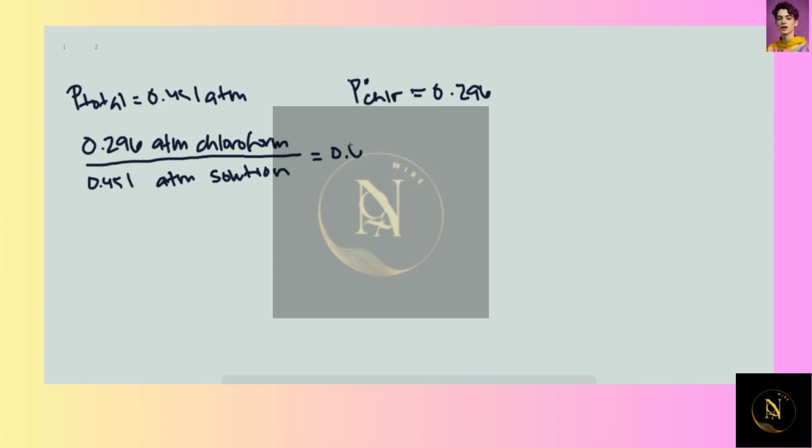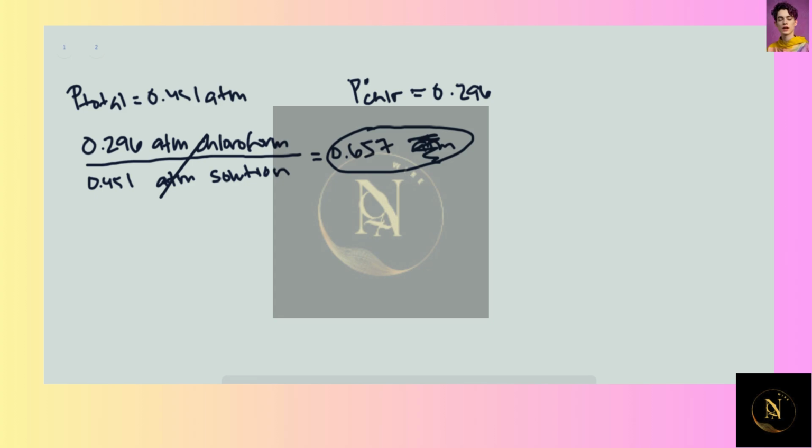That comes out to 0.657. So the answer to the first part of the question, the mole fraction of chloroform in the vapor above this first solution, is 0.657. Sorry, the atmosphere units shouldn't be there because they cancel.